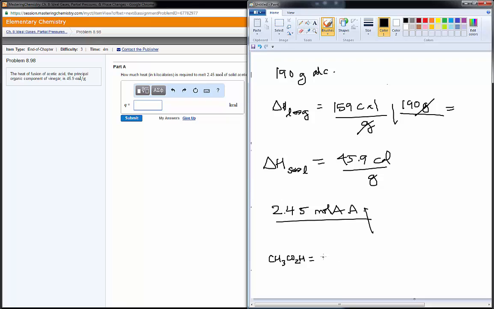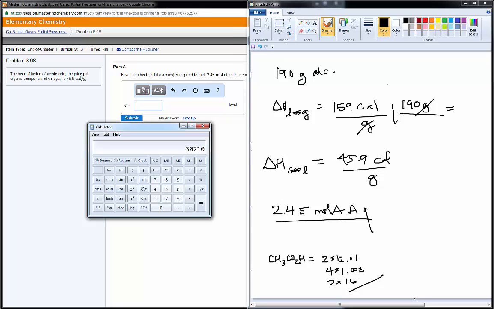So that's 2 carbons, 2 times 12.01, and 4 hydrogens, and 2 oxygens, for a total molar mass of 60.052 grams per mole.